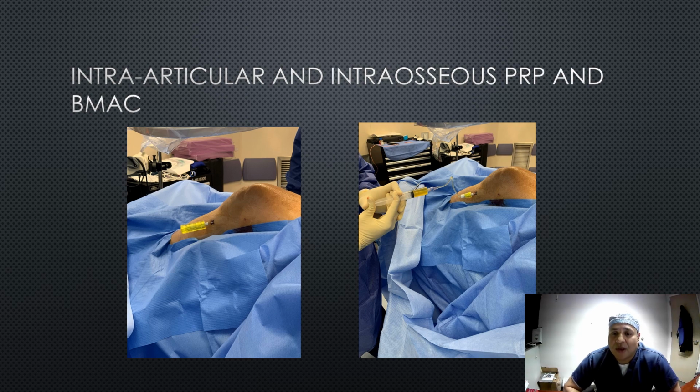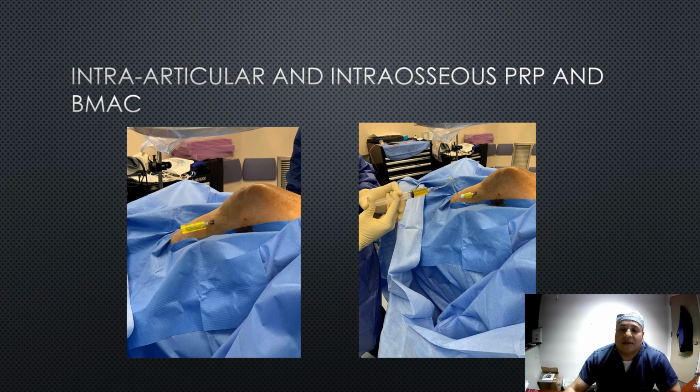Once these areas are localized on MRI, we place needles to directly inject into those diseased aspects of the bone. In the case of a knee, we would place needles, if necessary, into the proximal tibia, either medially or laterally, into the distal femur, medially or laterally, depending on findings on MRI, into the patellar bone itself, as well as intraarticularly.